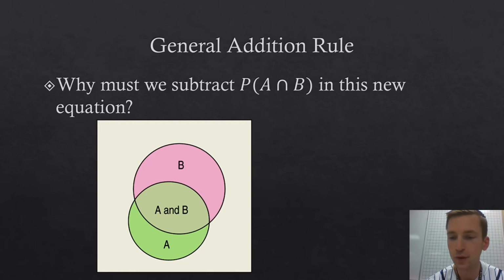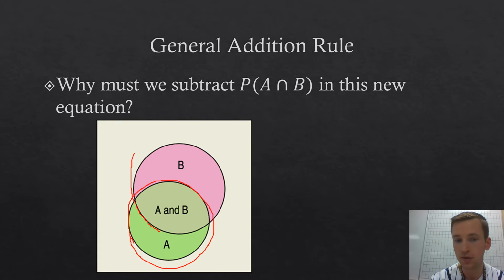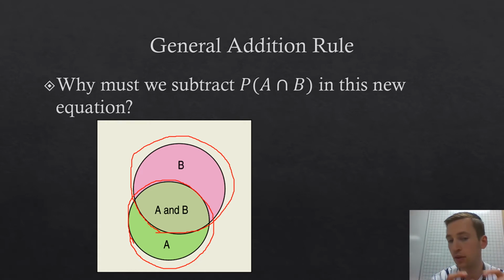Okay, well, hopefully you took some time to think about that. So why do we have to subtract this middle A and B part? Well, if we're taking probability of A plus the probability of B, let's see what happens when the two events are not disjoint. In other words, there's some overlap because they can happen at the same time. So if we take probability of A, that is this section right here that I'm circling in green. Then if we add the probability of B, that is this pink section right here, probability of B. And if you look here, we actually circled the section in the middle, probability of A and B, twice in this case.